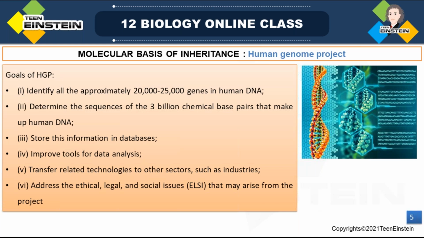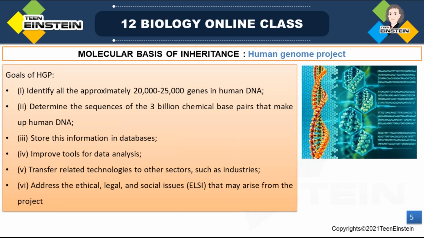And now the goals of the Human Genome Project. Identification of 20,000 to 25,000 genes in human DNA. Then determine the sequence of the 3 billion chemical base pairs that make up human DNA.